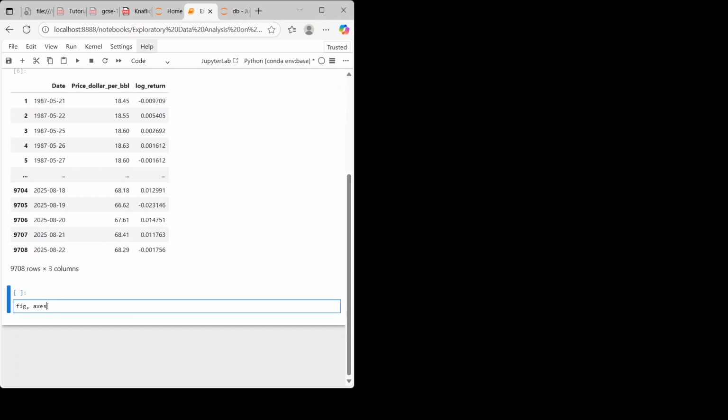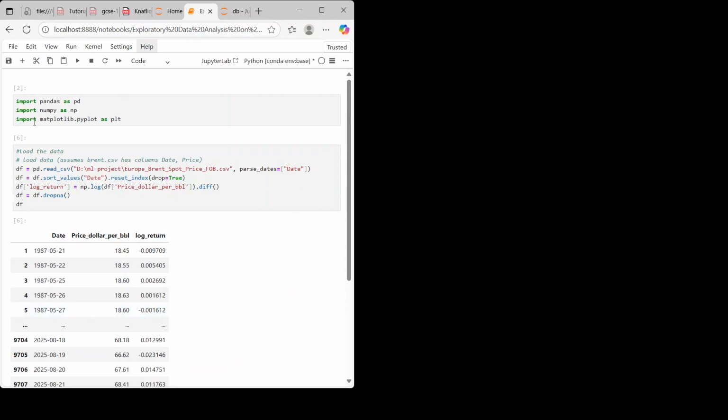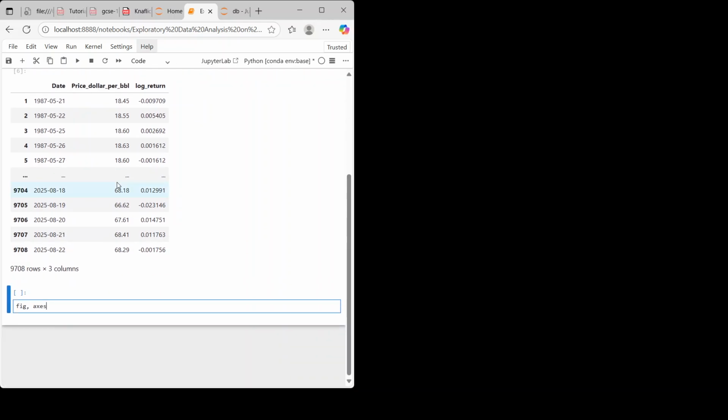This one is telling us that we are creating a figure. When we were importing, we imported the Matplotlib pyplot, which is for visualization.